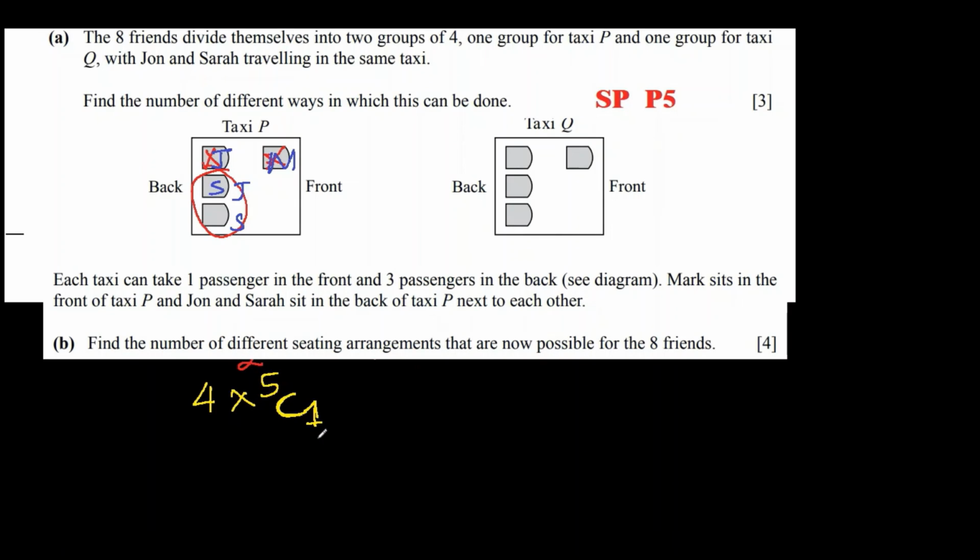We could have written 5P1 also, but that doesn't make sense. We are just selecting because there's just 1 seat. No arrangement required. Now, for the next taxi Q, we have to give 4 seats to 4 people, so the arrangements will be 4P4 or 4 factorial if you want, right? That can be written. And if you multiply all these, it will be 480 arrangements.